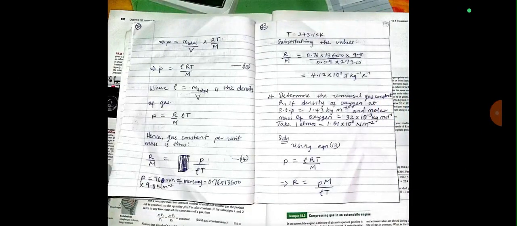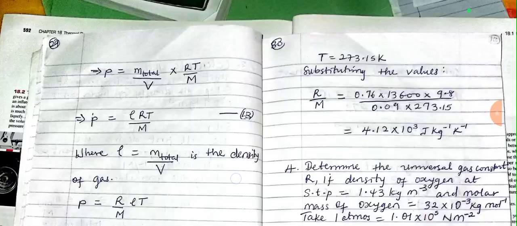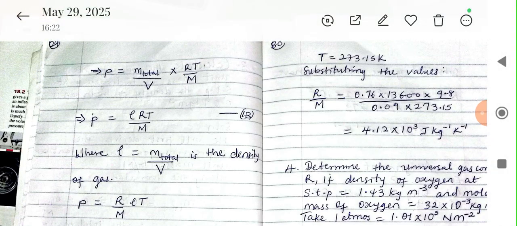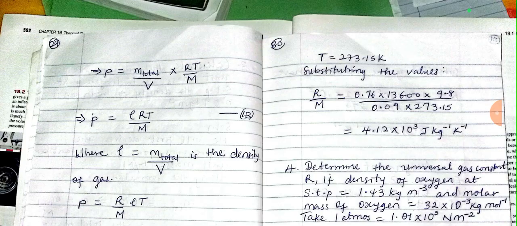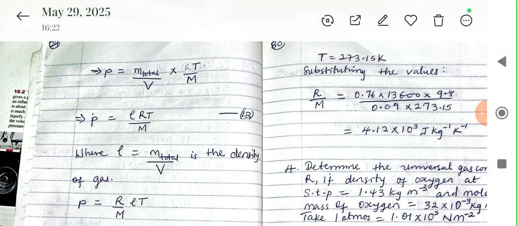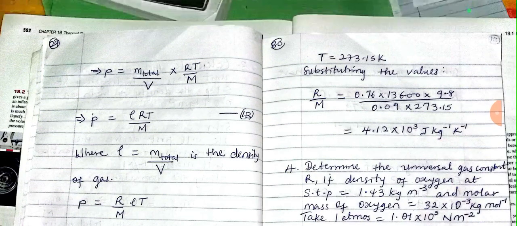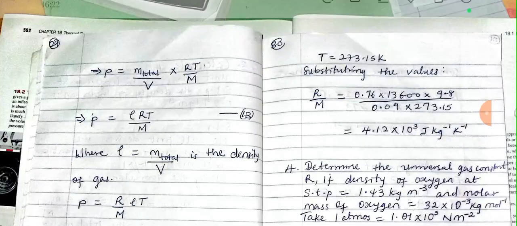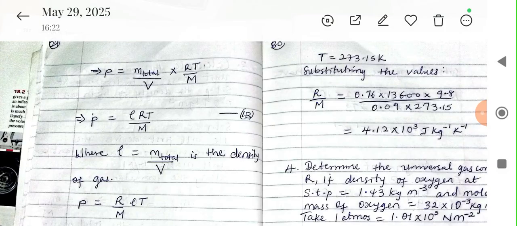So now if you take V to the other side, to the right hand side, P will be total mass over V multiplied by RT over M. Now m total over V is the density.